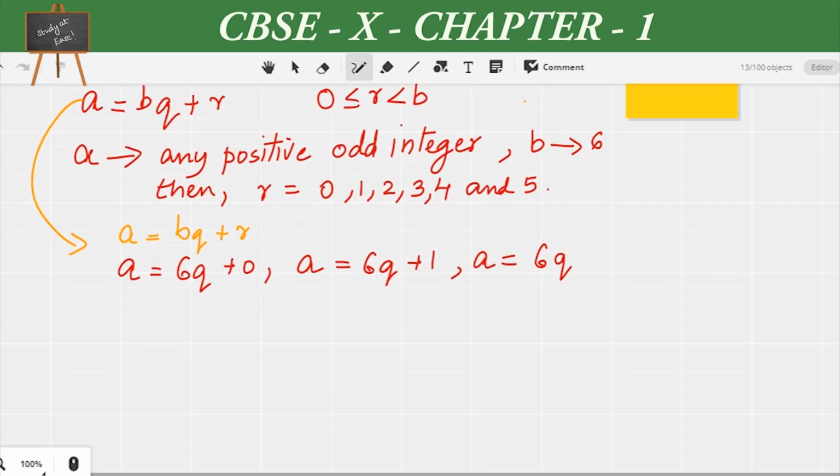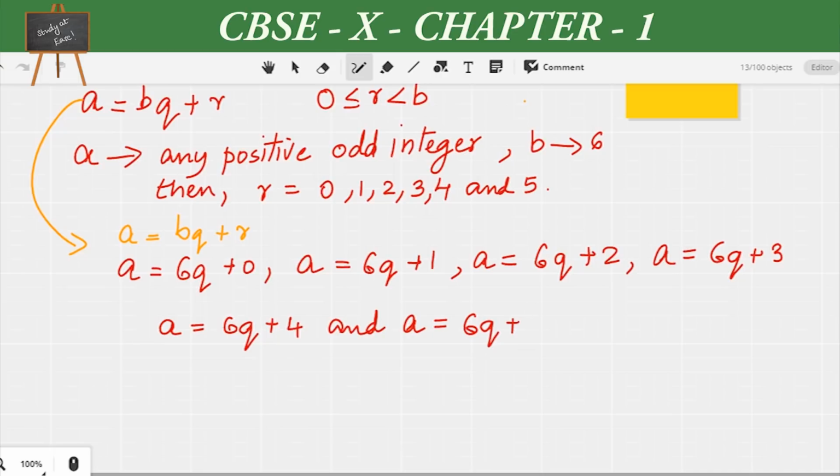Then a is equal to 6q plus 3. Then again a is equal to 6q plus 4. Finally a is equal to 6q plus 5.